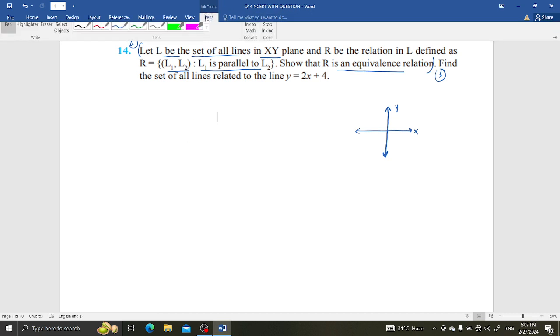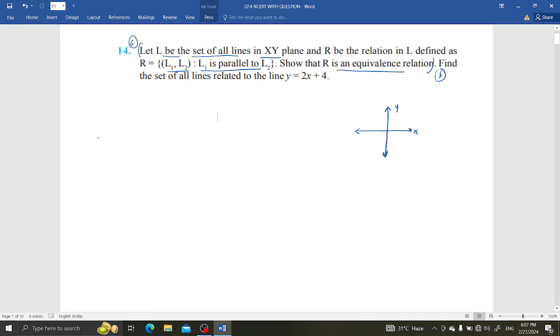Now, let's start our solution. First of all, I'll do the A part. L is the set of all lines in the XY plane, the collection of all the lines in the XY plane. And what is relation R?